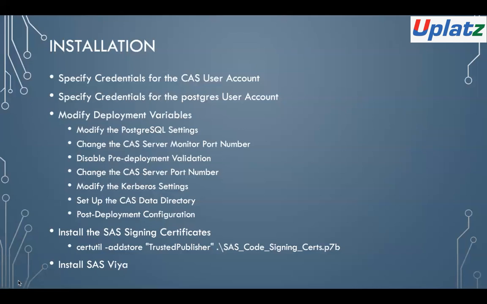In the user accounts section, I've talked about creating these accounts. So we'll create this account and make sure the name of the user account is always cas, which is recommended by SAS, and ensure to use this account while doing the installations.